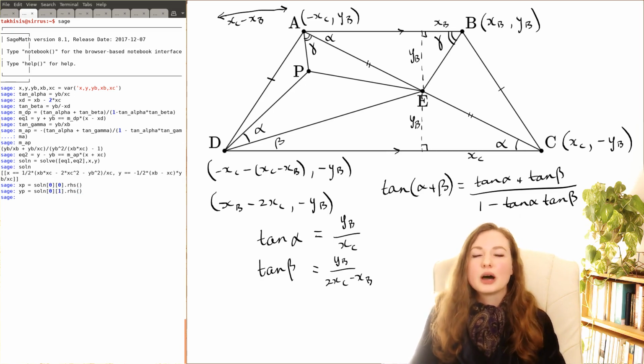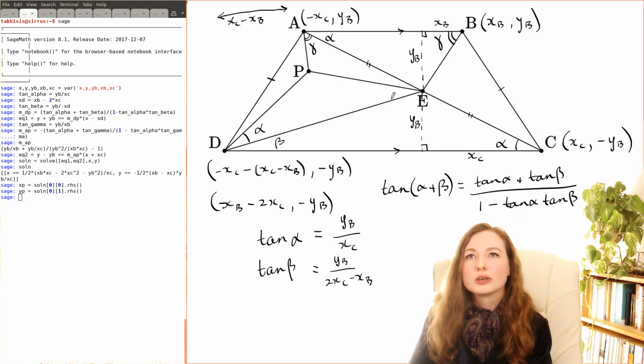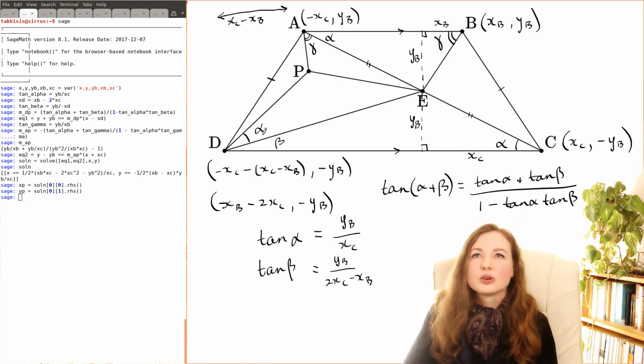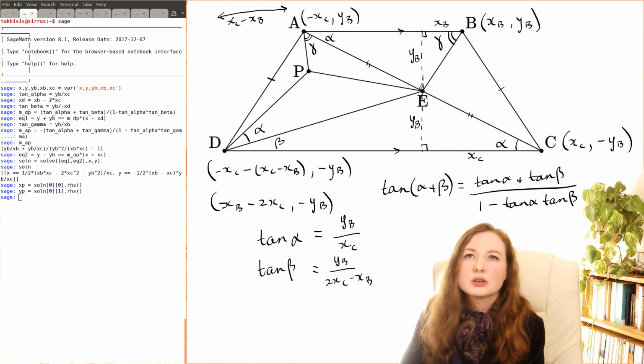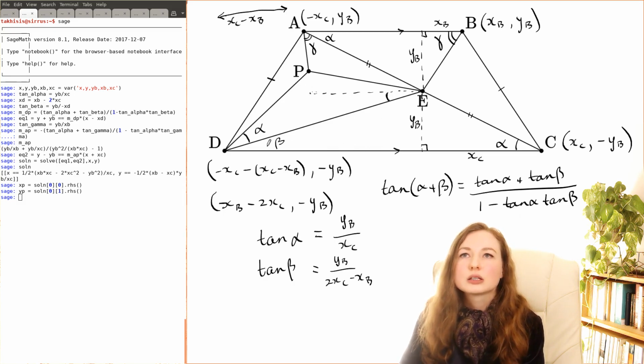Okay, and then we can think about how we're going to work out this angle. Remember that I want to show that this angle is the same as that one. So what I might do is imagine a horizontal line going across there. And then this angle, because this is parallel to that, that's going to be the same as that one. So that's beta.